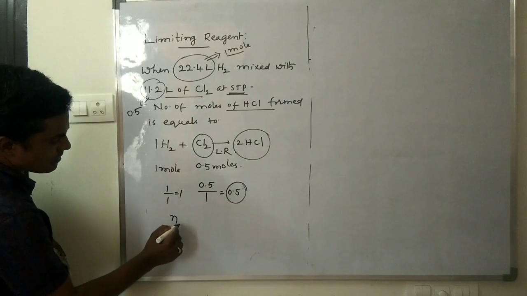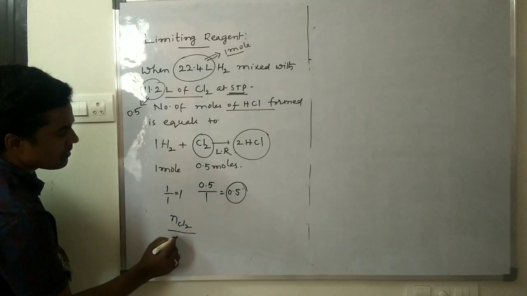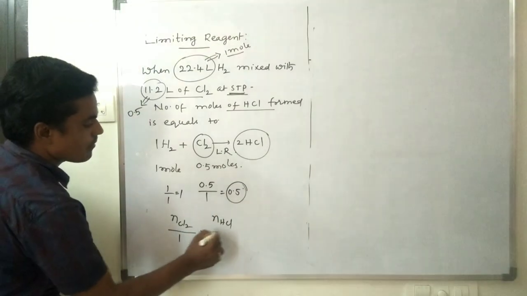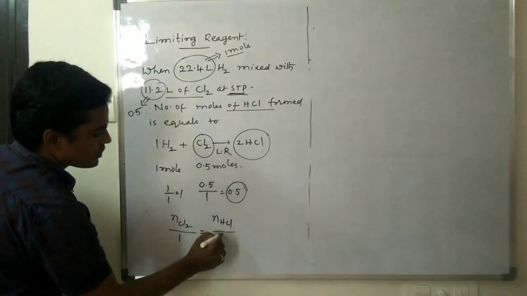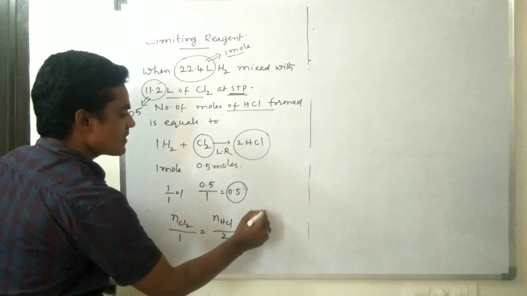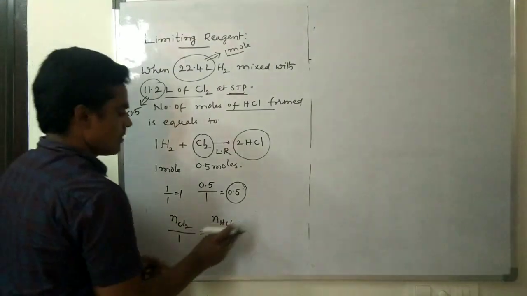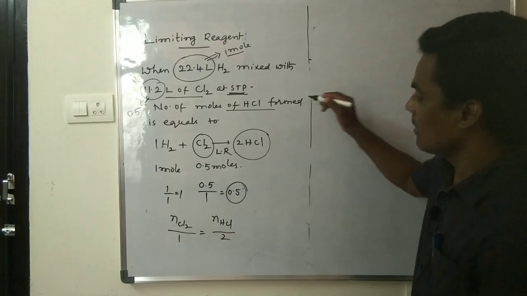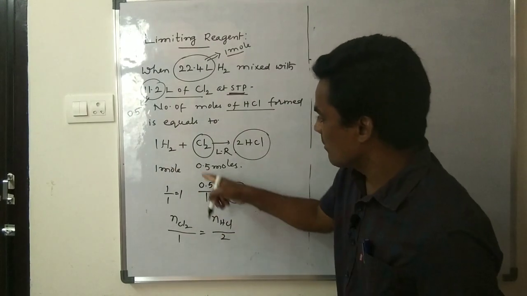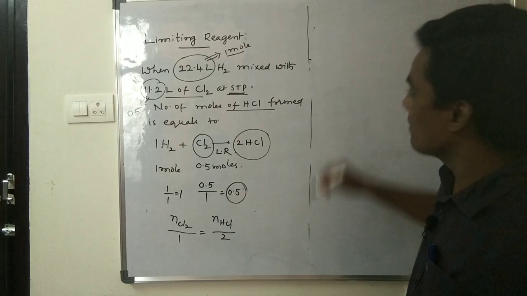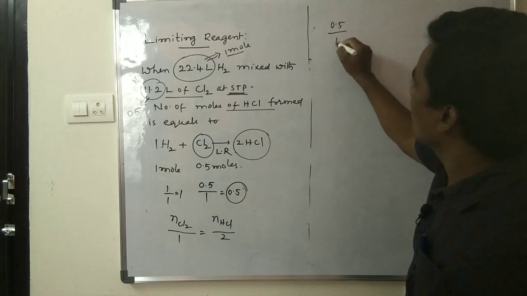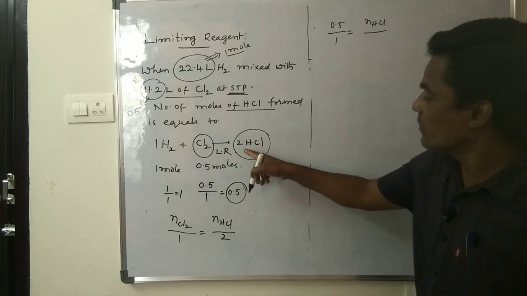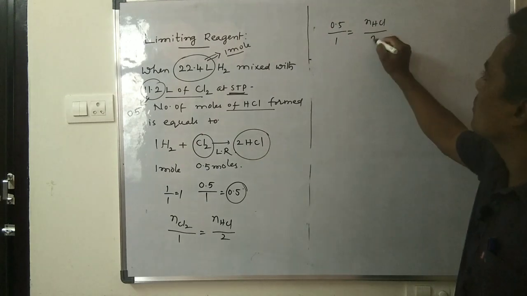So the number of moles of Cl2 upon stoichiometric coefficient 1 equals the number of moles of HCl upon stoichiometric coefficient 2. So now how many moles of HCl are formed? The number of moles of chlorine is 0.5 moles. 0.5 upon 1 equals the number of moles of HCl upon its stoichiometric coefficient 2.